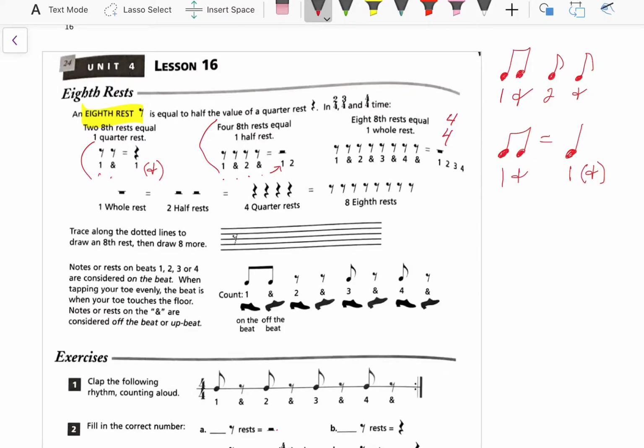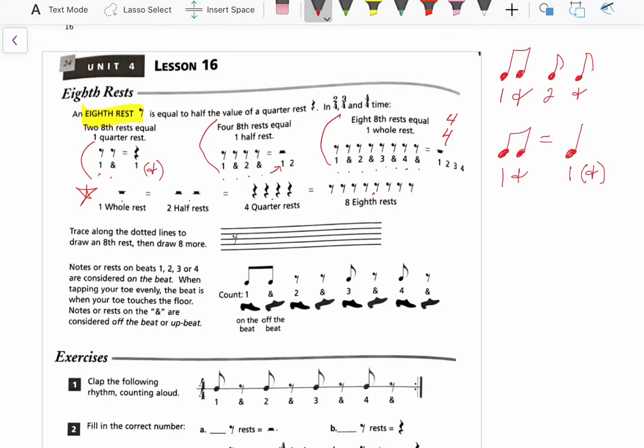That means we've got 4 beats in the whole rest. Well, 2 eighth rests per beat, 2 times 4, that's a total of 8 eighth rests, 1 and 2 and 3 and 4 and. Okay, you also see that drawn out down here. A whole rest could fit 2 half rests, or 4 quarter rests, or 8 eighth rests. All right, so that's the breakdown.